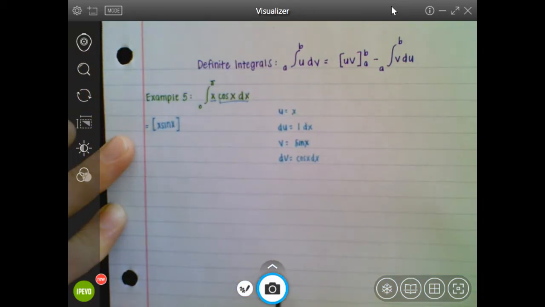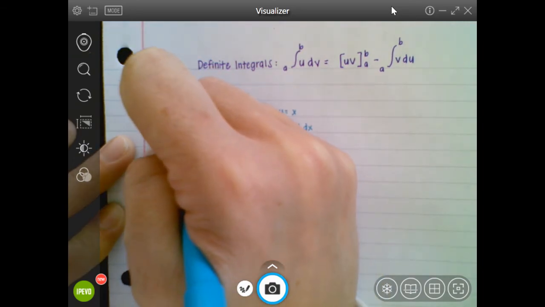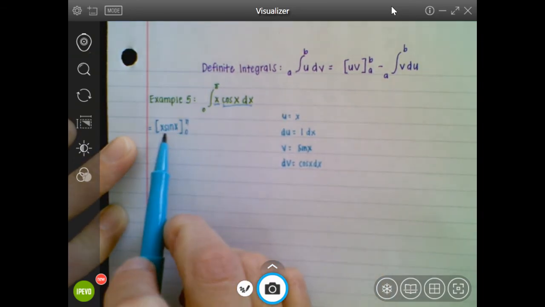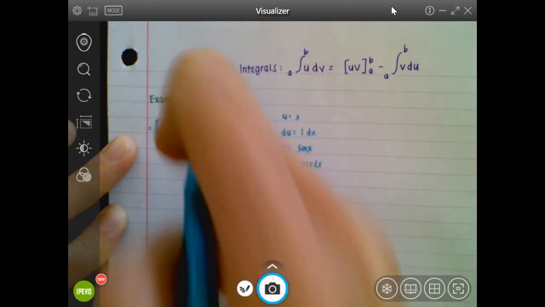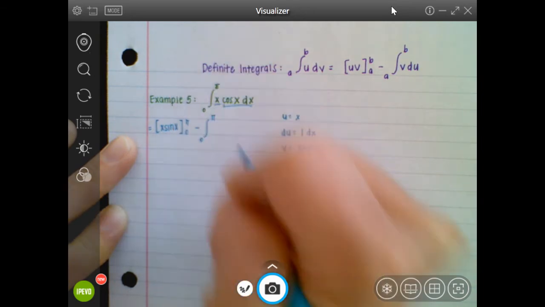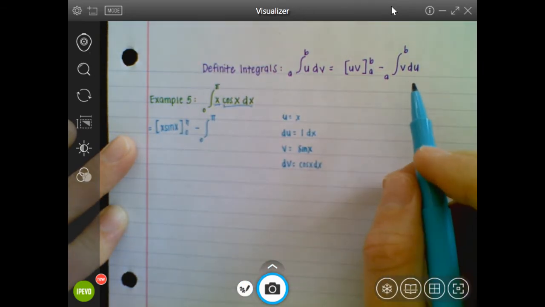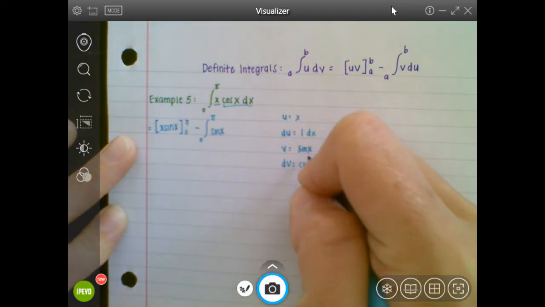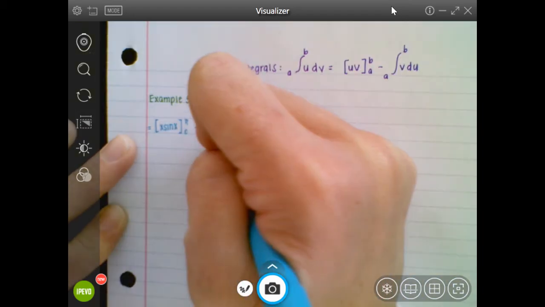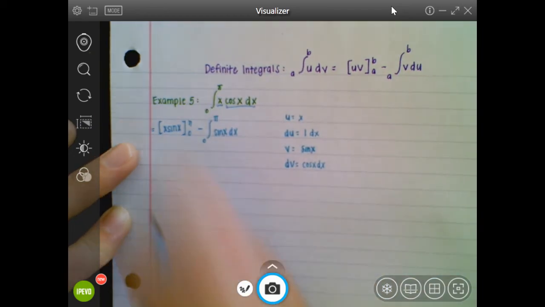I'm going to put that in brackets with the limits, so I'm evaluating that product from 0 to pi. And then I'm subtracting out the integral from 0 to pi of v times du. So sine of x is the v, and the du is just 1 dx, so I'm just going to write that as dx.